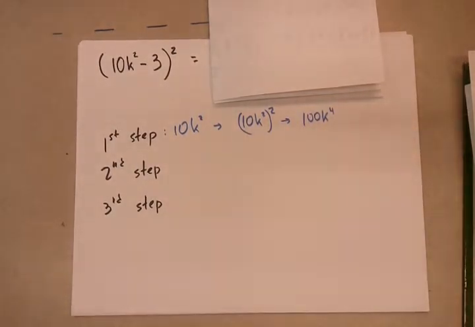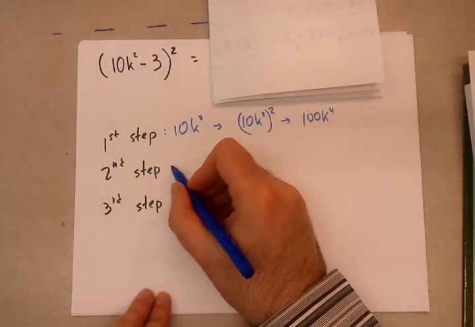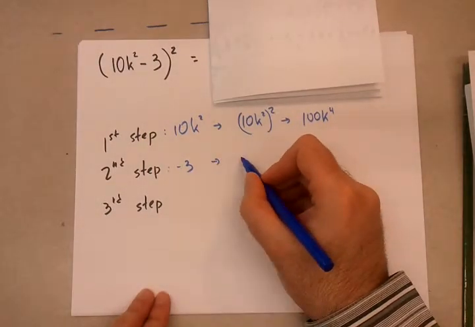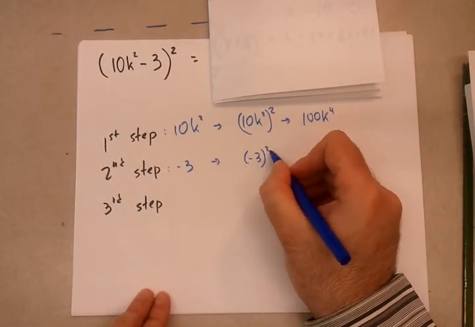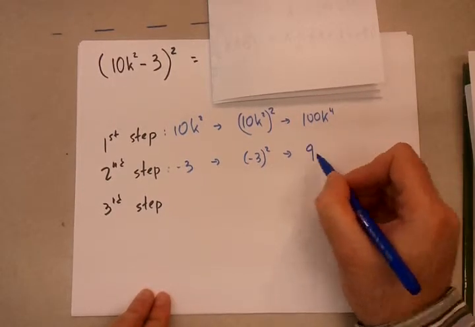Okay, first step done. Second step, square the second term. Well, the second term is a -3, and it's a -3, not just a 3, and I'm being told to square it. Sure, that's nice and easy. -3 times -3, well, that's a +9.